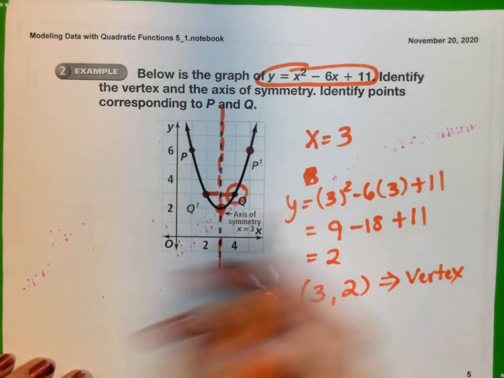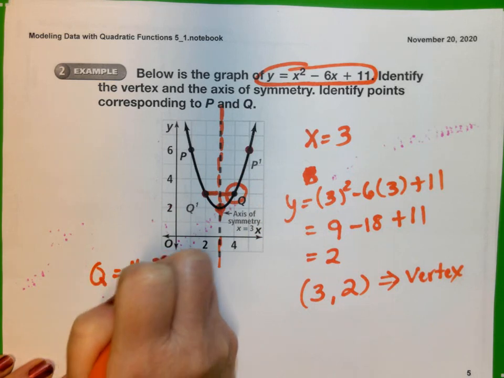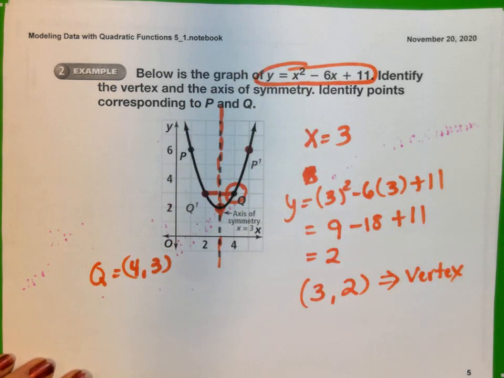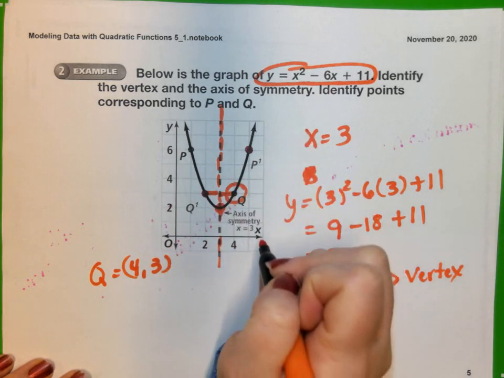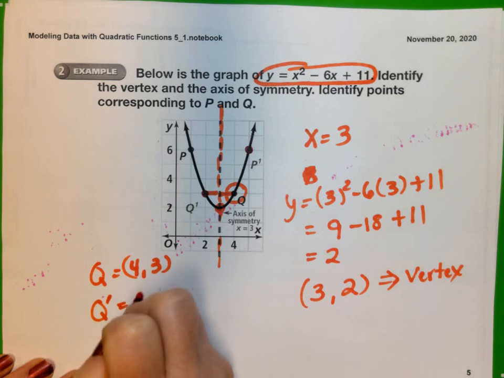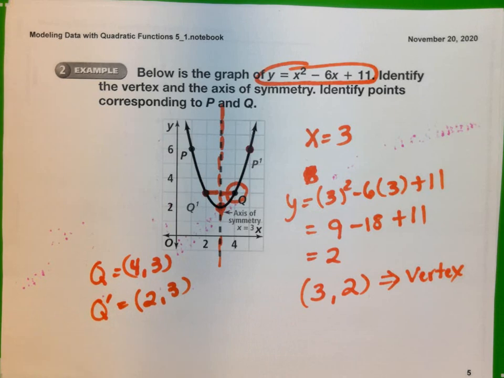So if my original Q is (4, 3) and my axis of symmetry is x equals 3, it's 1 unit beyond. I want to go 1 unit back, so Q prime is going to be (2, 3). Kind of tricky there.